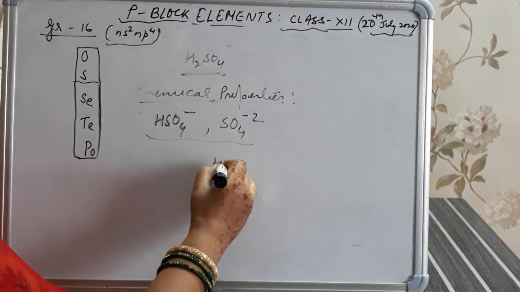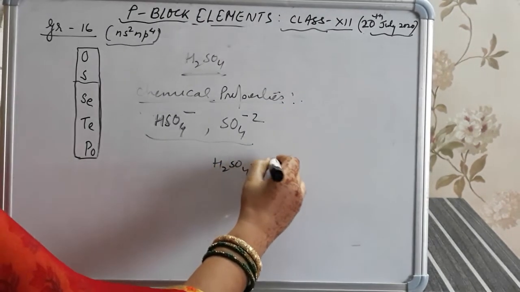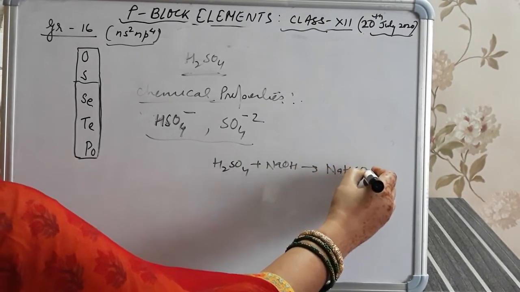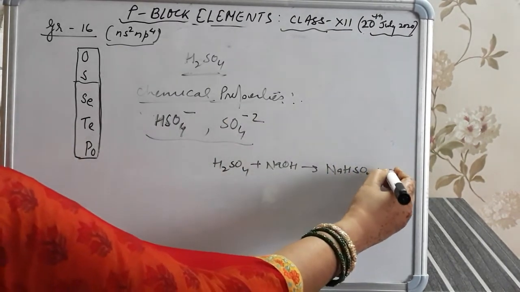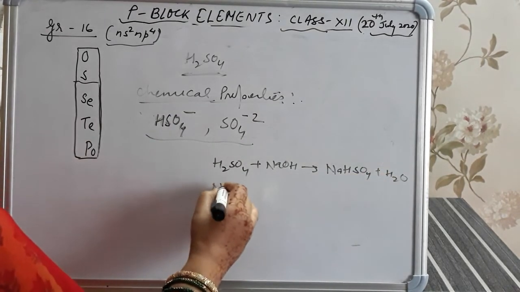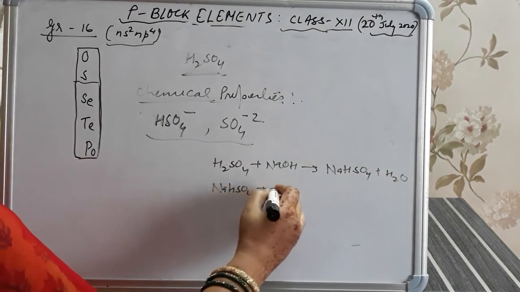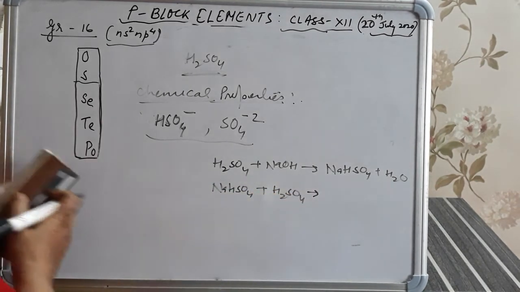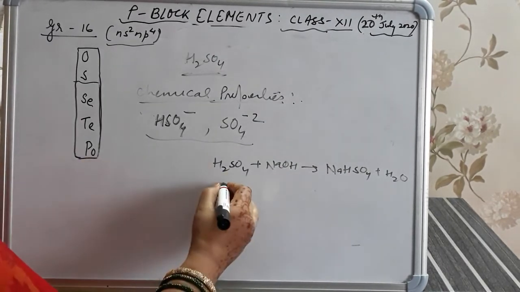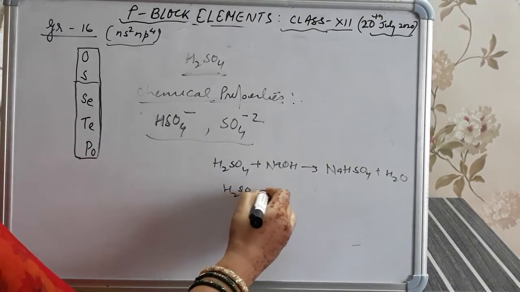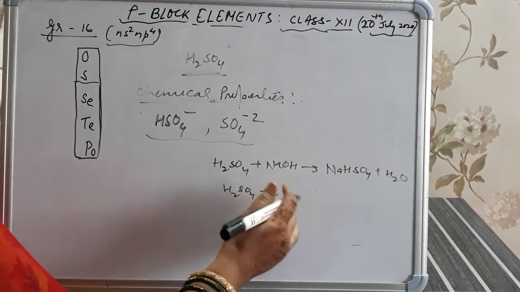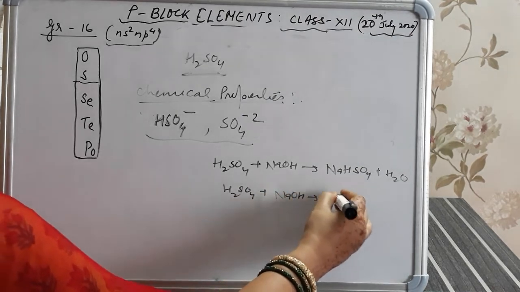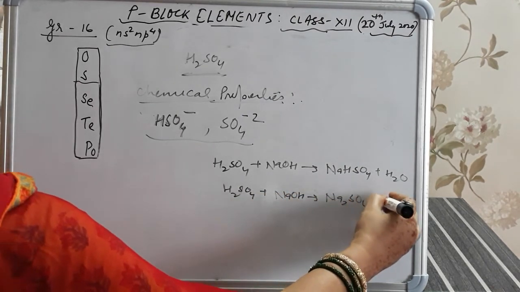Whenever we treat H2SO4 with a strong base, it will at first form sodium hydrogen sulfate like this, and in the second step this sodium hydrogen sulfate reacts again, or we can simply write that H2SO4 reacts with sodium hydroxide to form sodium sulfate and water.